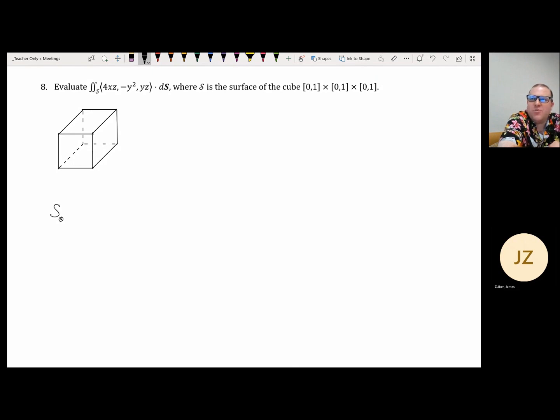Doesn't matter what you use to represent it. Parameterization would be 1yz, wouldn't it? Remember, this point right here is the origin.